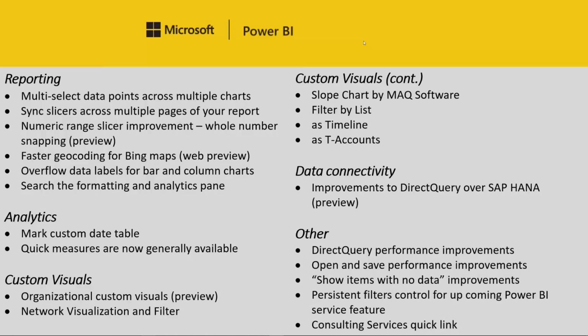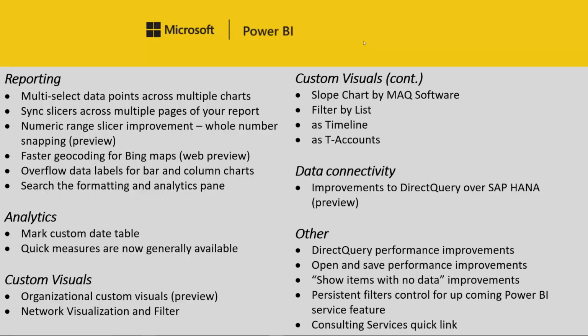Third on our list is an improvement to our numeric range slicer that is currently in preview. If you're using that, you may have noticed that if you're putting a whole number into that slicer, the numerical input boxes can sometimes show decimal places instead of just dragging the sliders, even though you have it marked as a whole number. So we've improved that.